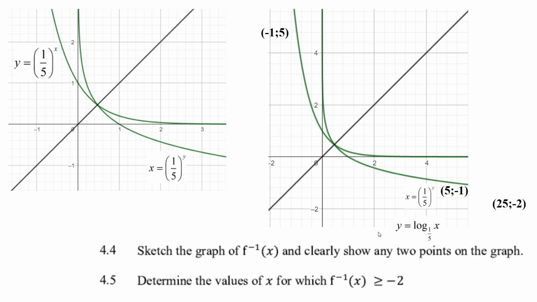It is, especially for the next question, because it says when is the inverse, the y value, greater than or equal to minus 2? Well, if I put minus 2 in there for y, 1/5 to the minus 2 gives me 25. So way down here, I cheated and got GeoGebra to actually graph these things. Way down here, there you are at minus 2.